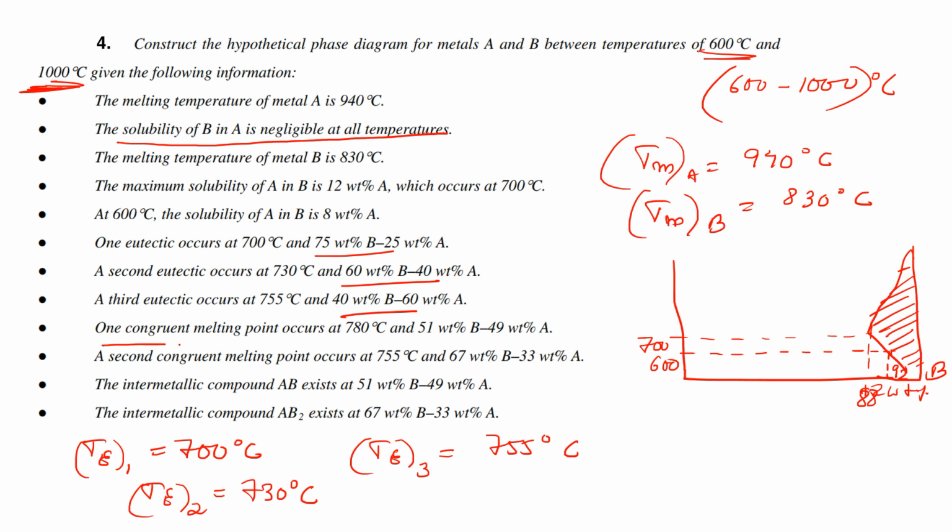Now, congruent melting point refers to the congruency. Congruent melting point means we have a direct melting. Direct melting means my solid will directly convert to a liquid of the same composition.